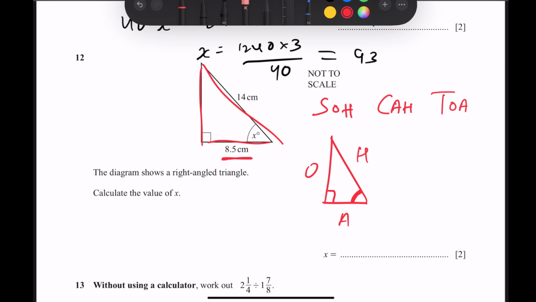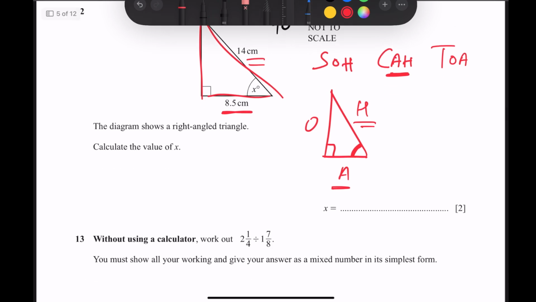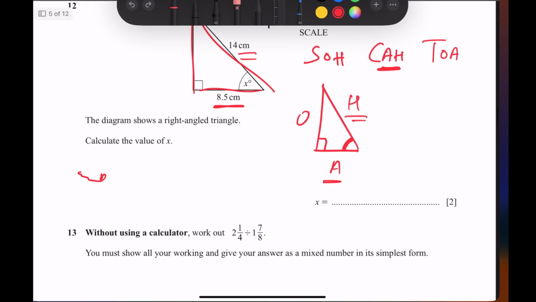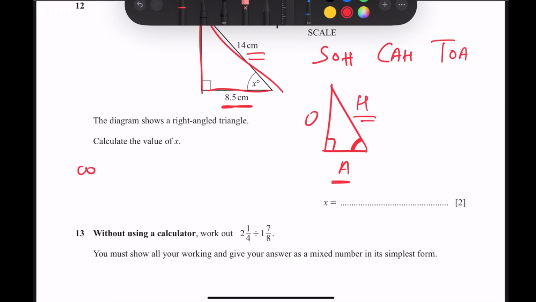Since we have the adjacent and the hypotenuse, this would mean that we have cos, since CAH. So cos x is equal to adjacent divided by hypotenuse, since CAH. This is equal to 8.5 divided by 14.